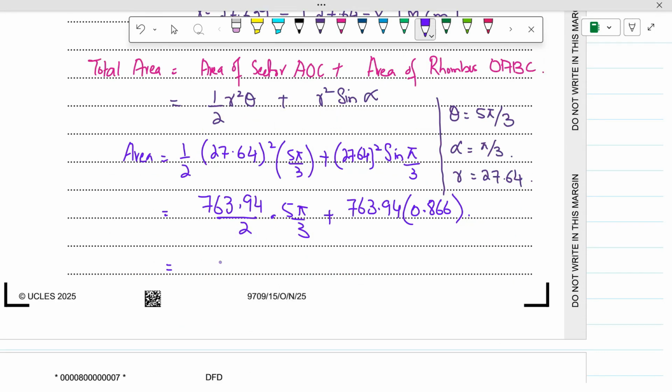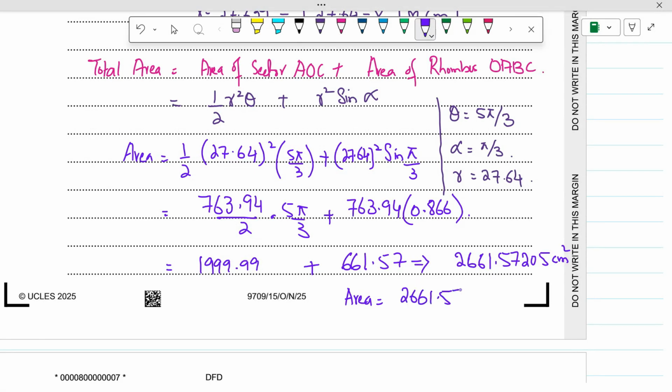When we calculate, the first part is 1999.99, which is around 2000, and the second is 661.57. When we add, we have 2661.57205 centimeters squared. So the area of the new logo is 2661.57 centimeters squared.